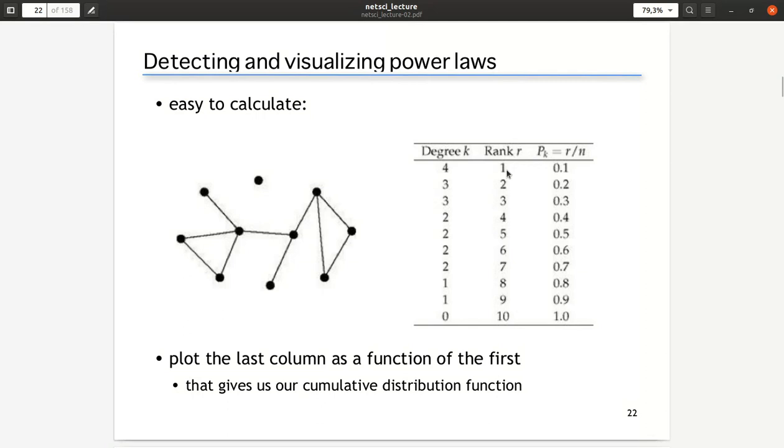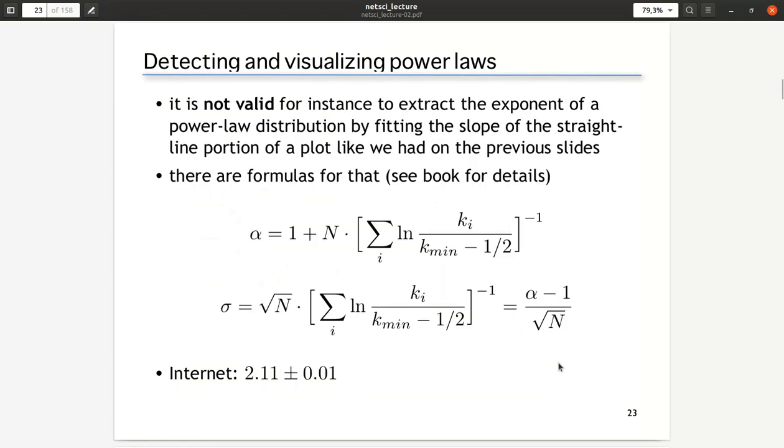So higher in the rank means larger degree, and if we do so, then we get these P_k values, which are the rank divided by n. That's the meaning of the capital P_k, and then in the plot we are plotting the last column as a function of the first column, and that gives us the cumulative distribution function.